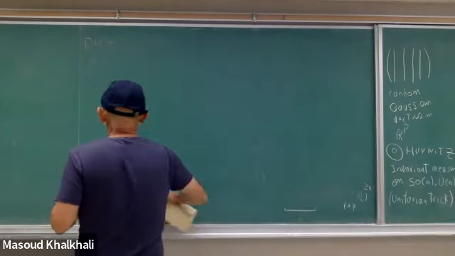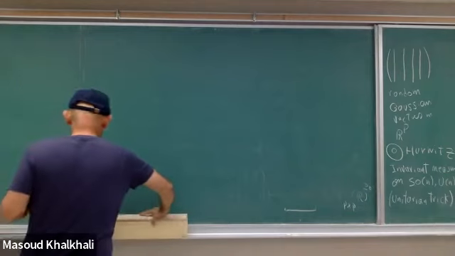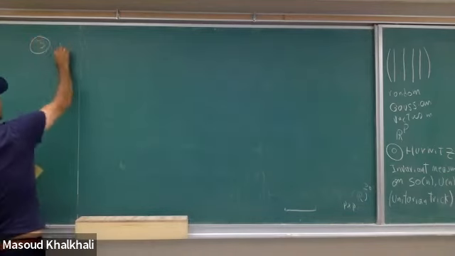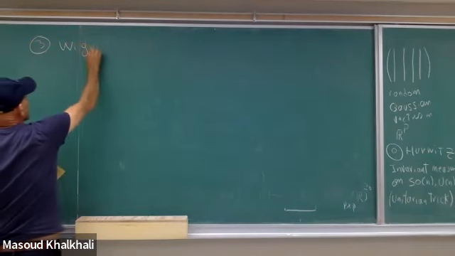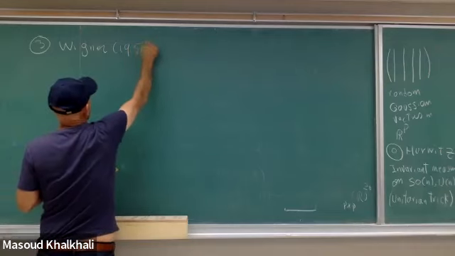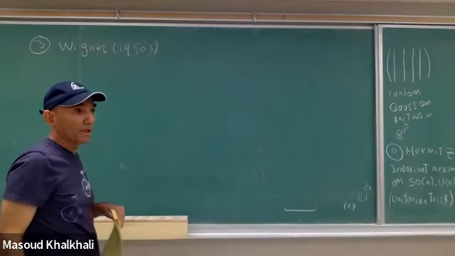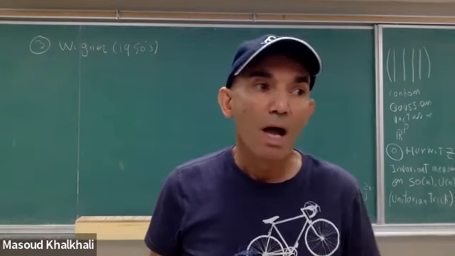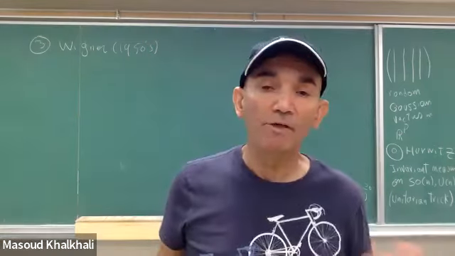So my third example would be the example of Wigner matrices. So this was in the 1950s. So basically, Wigner wanted to have a model of the Hamiltonian for heavy nuclei.